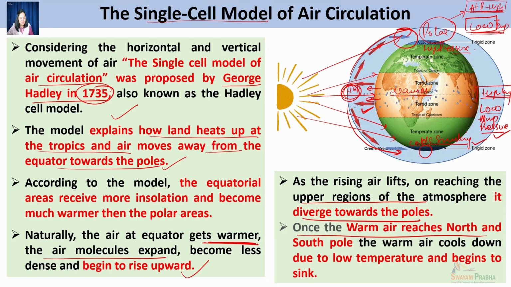And again, after reaching the upper atmospheric regions, after hitting the tropopause, it cannot rise further, therefore it diverges in the opposite direction towards the northern polar regions as well as towards the southern polar regions, again in the form of the horizontal component of air in the upper atmospheric regions. And finally, it again sinks at the polar areas, again showing the vertical component of air.